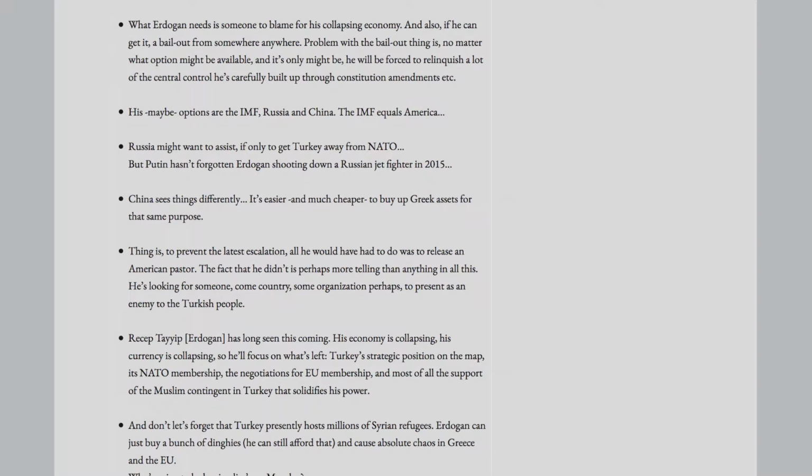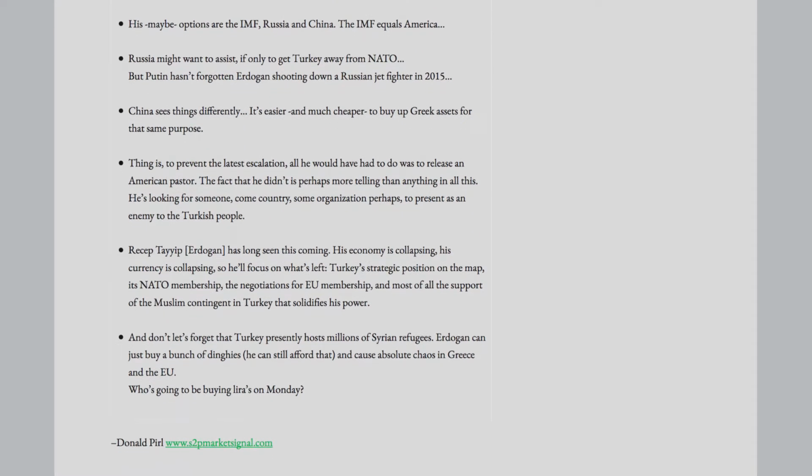Problem with the bailout thing is, no matter what option might be available, and it's only might be, he will be forced to relinquish a lot of the central control he's carefully built up through constitution amendments, etc. His maybe options are the IMF, Russia, and China.